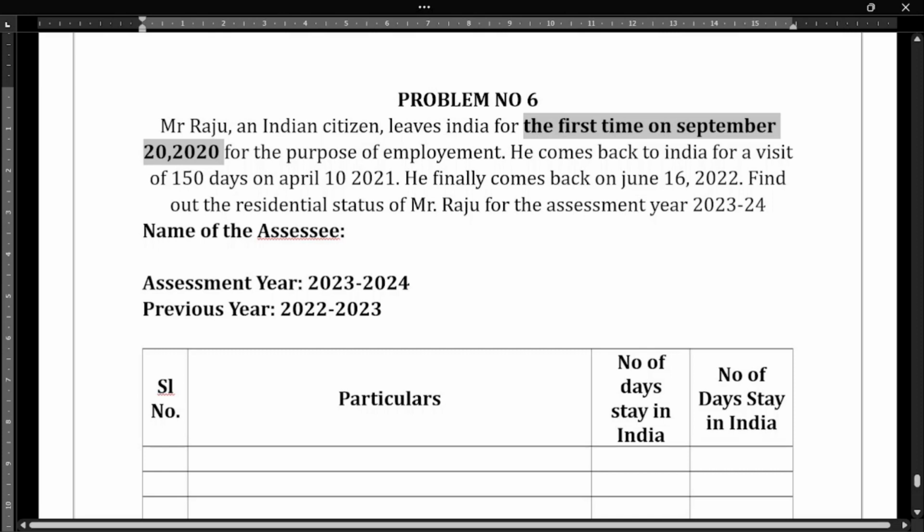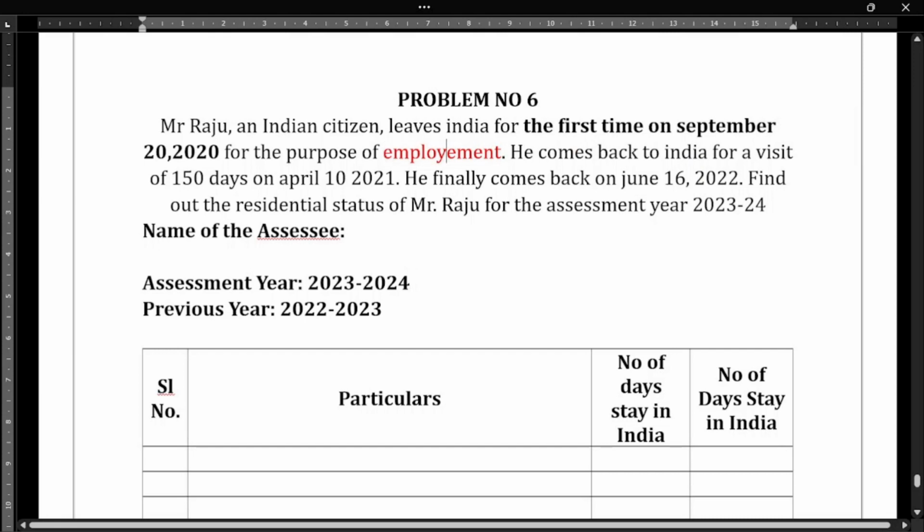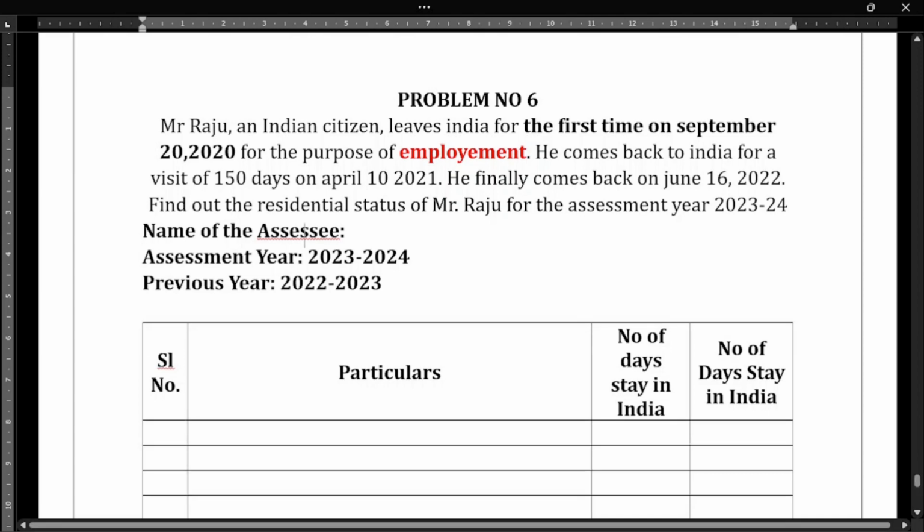For the purpose of employment is a very important phrase. When the person is living on employment, for him the basic rule number 2 is not applicable.